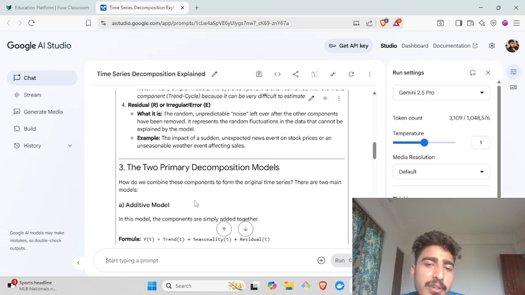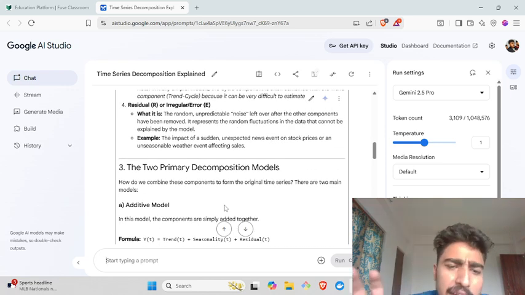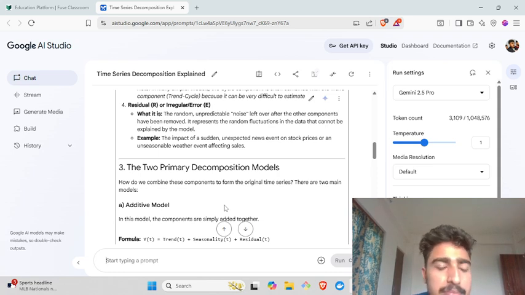The two primary decomposition methods are additive and multiplicative. Additive means adding all the individual components to make a single outcome.